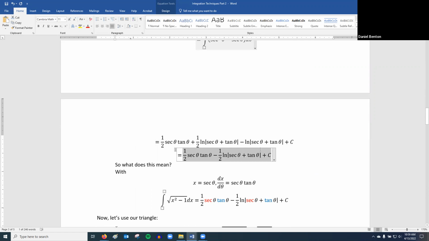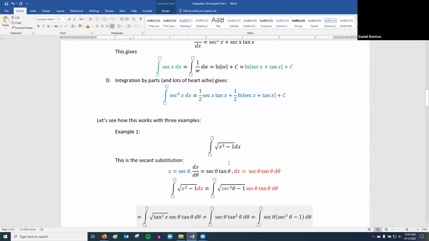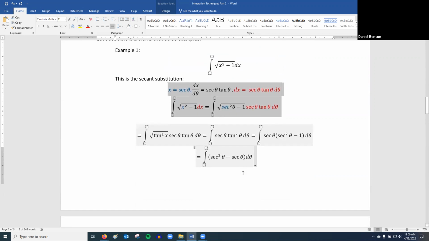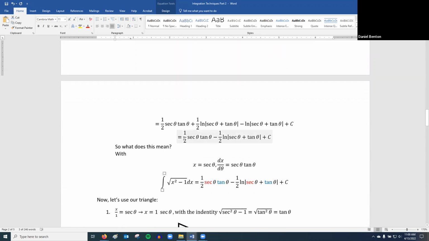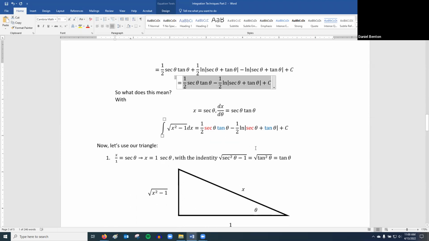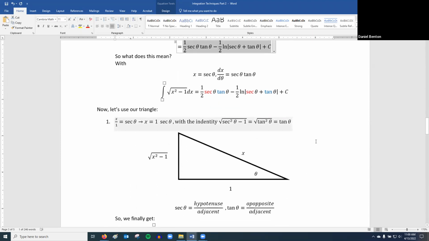So what I want you to focus on is this step right here: the substitution, and substituting back in for x using our triangle.